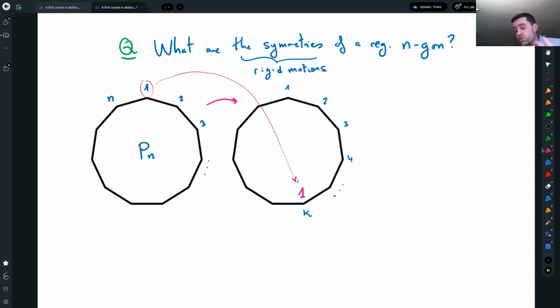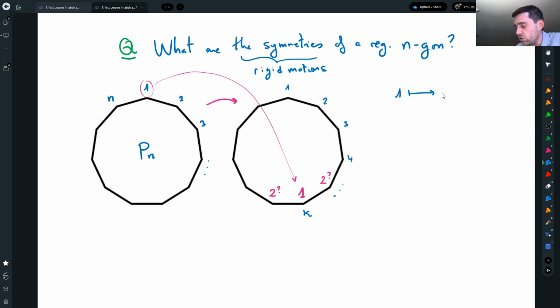Then, because it's a rigid motion, we can determine what motion it is as long as I know where 2 is. There are two options. 2 could be here, next to 1, or 2 could be here. So the question is, where did 2 land? We have two options for these rigid motions.